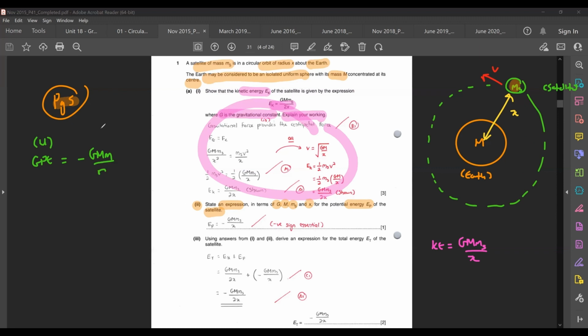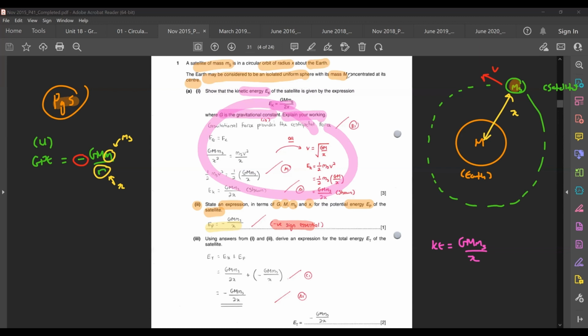So you use that same equation, just that you need to change certain variables to match what is given inside the question. This small m here is supposed to be ms. This r here is supposed to be your separation x. So eventually your EP or gravitational potential energy is supposed to be negative GMms over x. So the negative sign in GPE is really important. Every time you write it out, please make sure you include the negative sign. Okay, because I explained to you last week, all values of GPE by right should be negative.